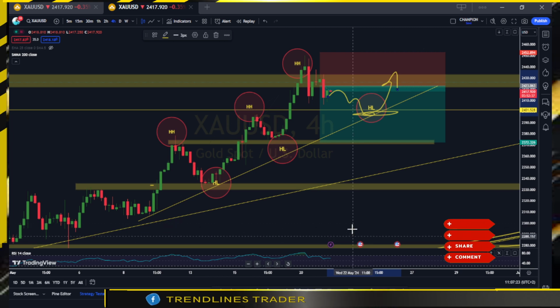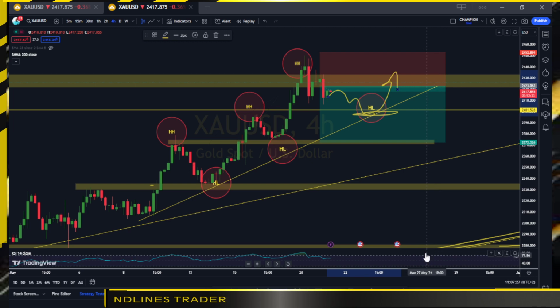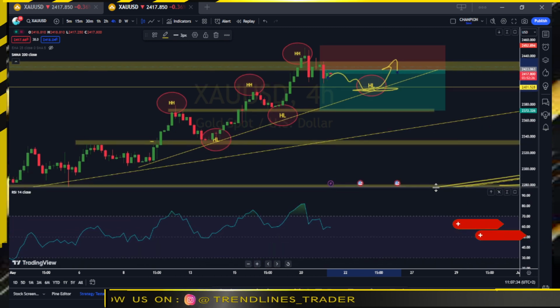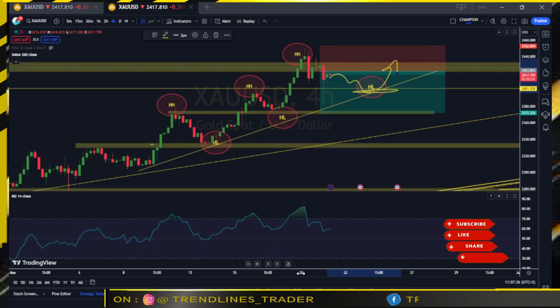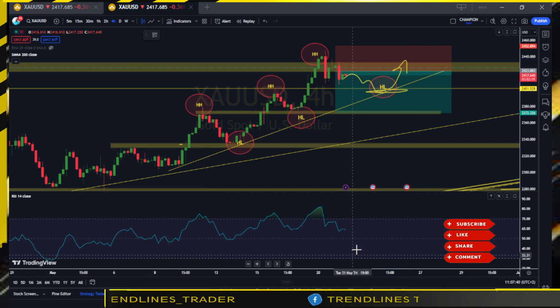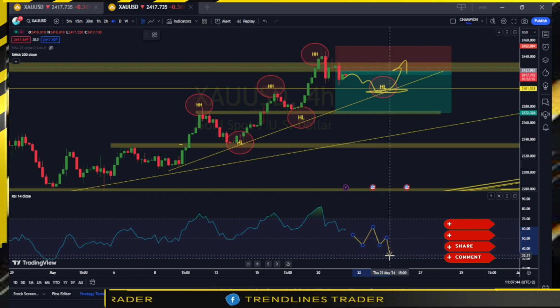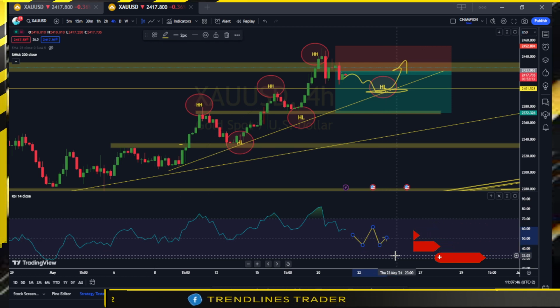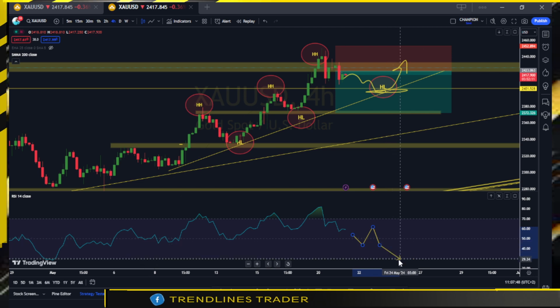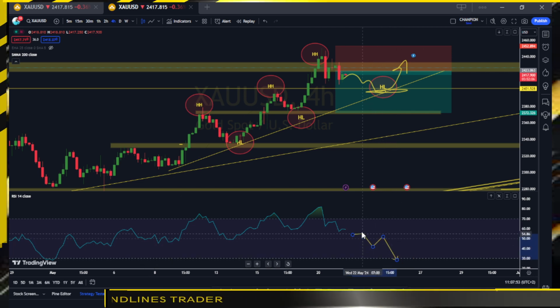On my 4-hourly time frame, let's check on our indicator. Remember, I always check the indicator so that I get to understand where the price is moving. As you can see, our indicator is telling us the price is about to move towards the downside. We might have something like this. I didn't want it to stop right there, but it did.